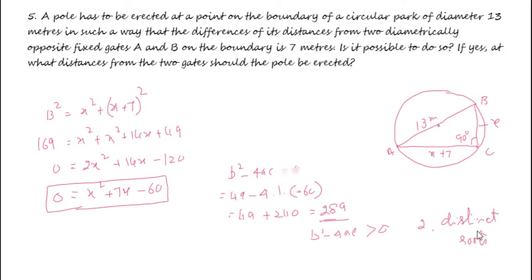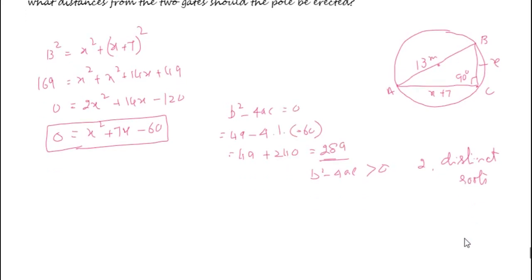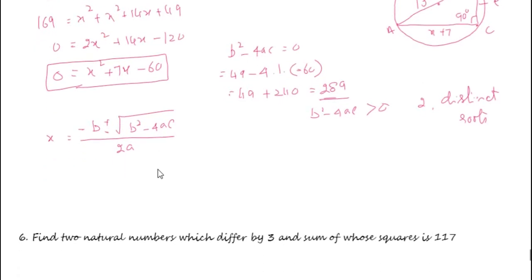Now let us find out the roots. X equal to minus b plus or minus square root of b square minus 4ac divided by 2a. B is 7. So minus 7 plus or minus square root of 289 divided by 2 into 1, which is 2.